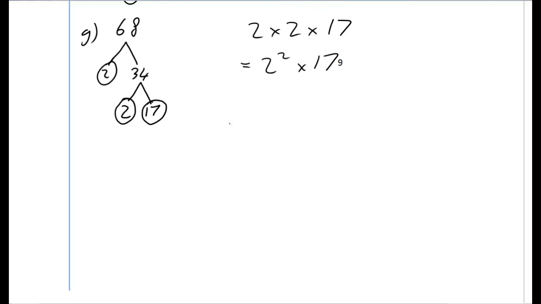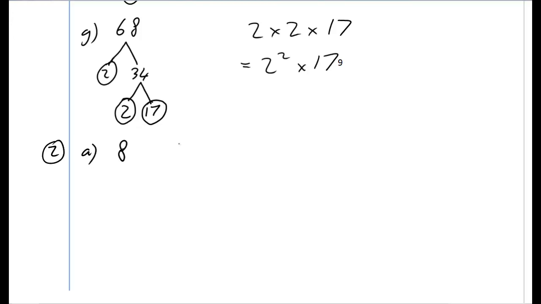Now, for number 2, we're going to find the prime factors of the number, but instead of using one of these factor trees, we're just going to divide the number. Let's do the first one, number 8. Instead of using a factor tree, we're just going to divide it by numbers.